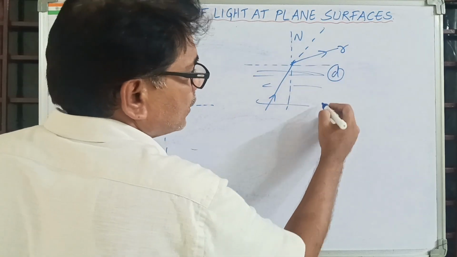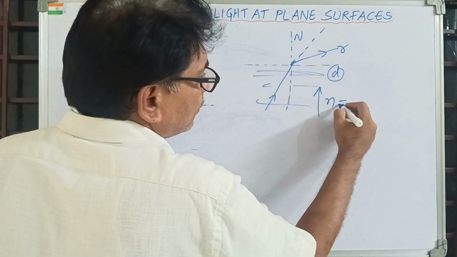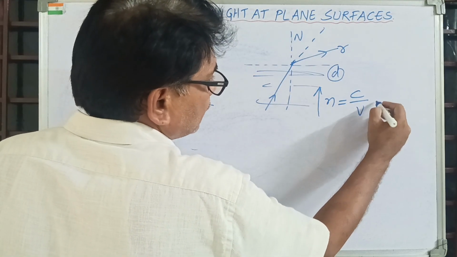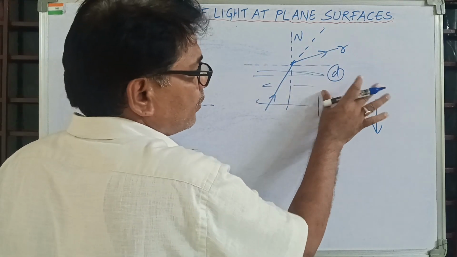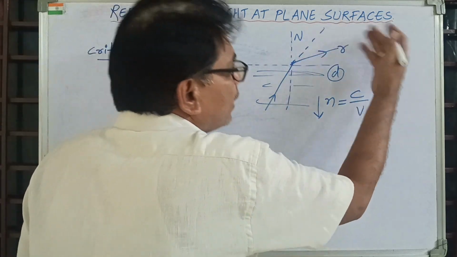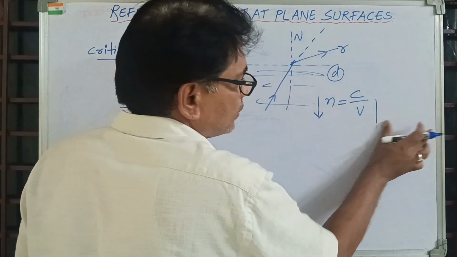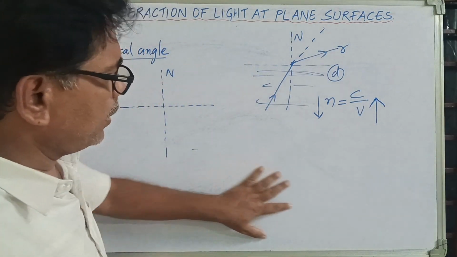What do you mean by denser? Refractive index is more, then what happens to its velocity? Less. That's okay. But what is happening at the end? Refractive index is becoming less because you are coming from denser to rarer. Refractive index is decreasing, therefore velocity increases. Same concept I explained just now.